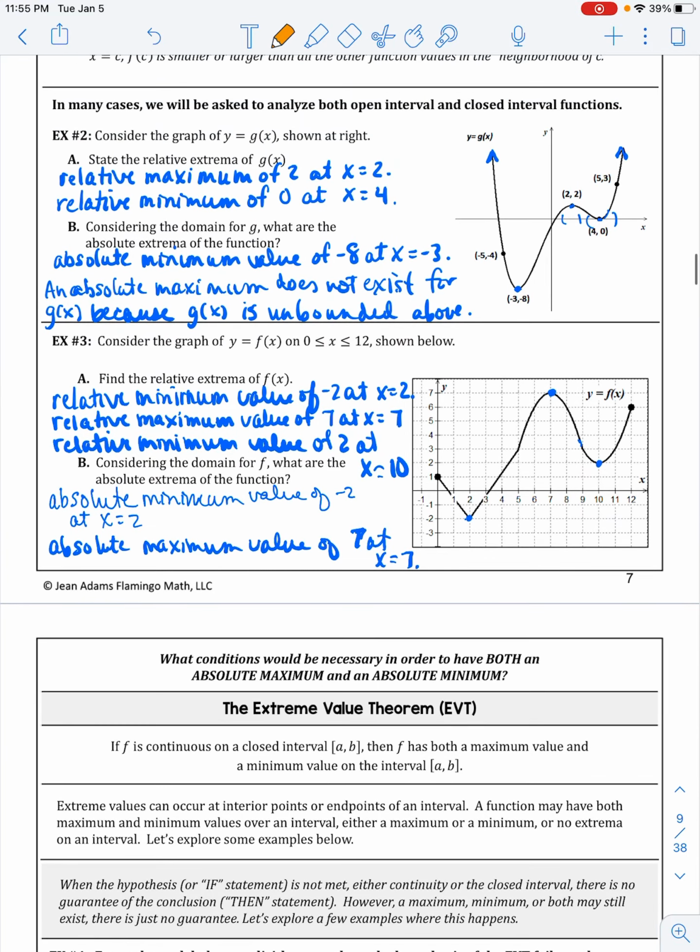So when we look at this problem right here, it is a continuous function on a closed interval, and this would be something where you could guarantee that there is an absolute max and absolute min, and we said that this was our absolute max and that this was our absolute min.